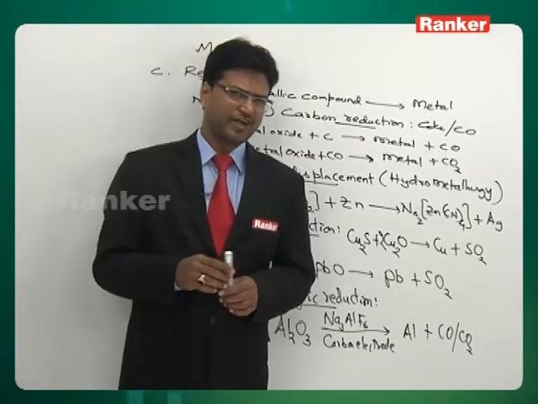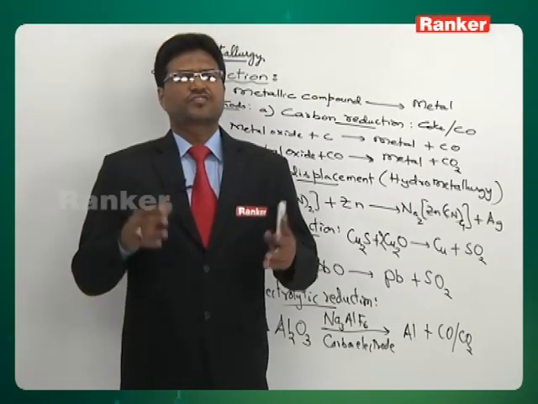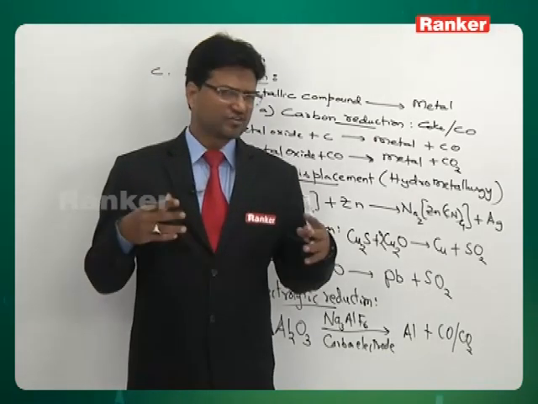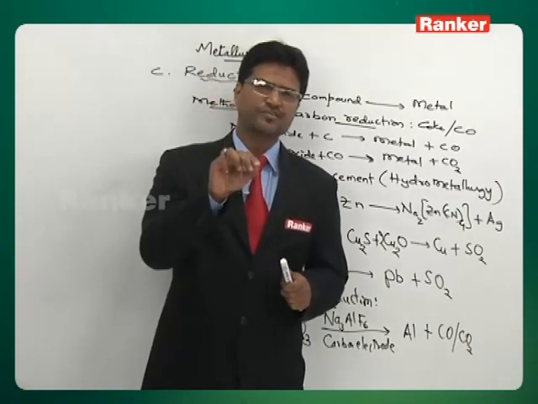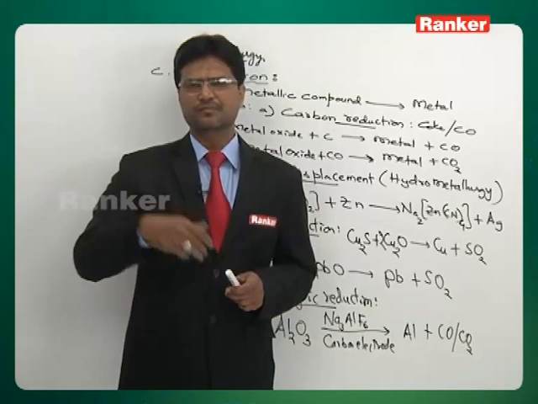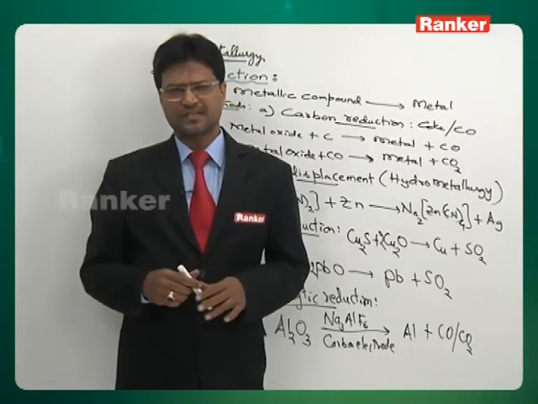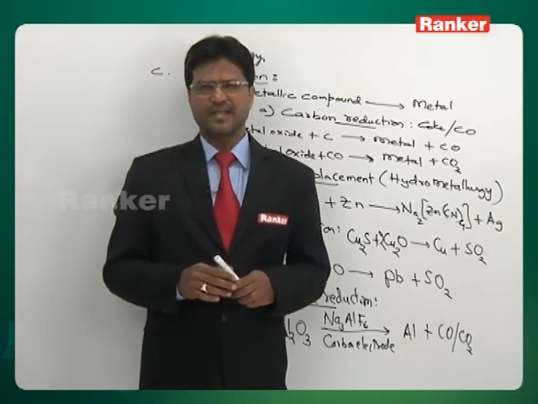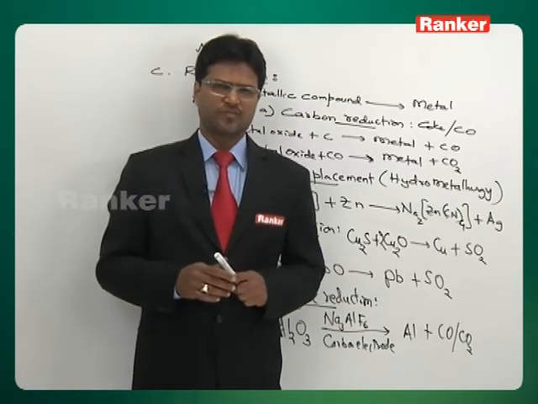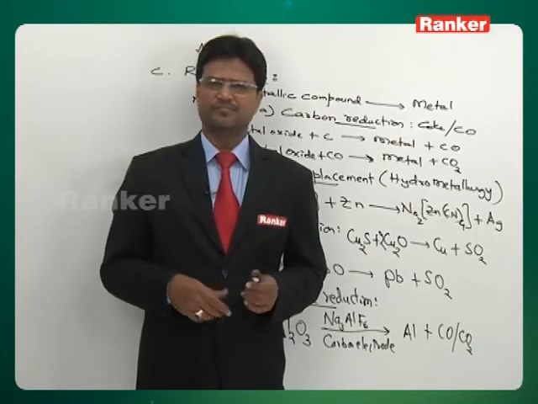This is applicable for active metals. If you extract a metal from an aqueous solution of its compound, then it is hydrometallurgy. Here we introduce a more active metal and get the less active metal. This is generally applicable for metals below hydrogen in the activity series, such as silver and gold.